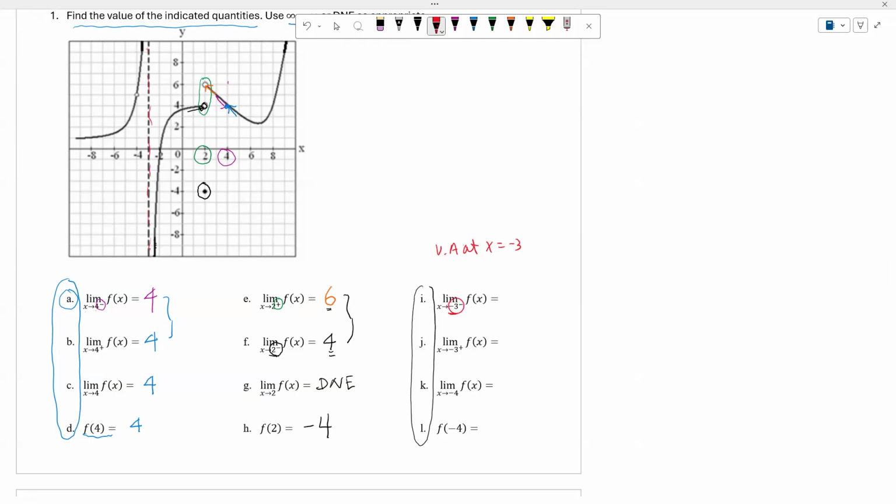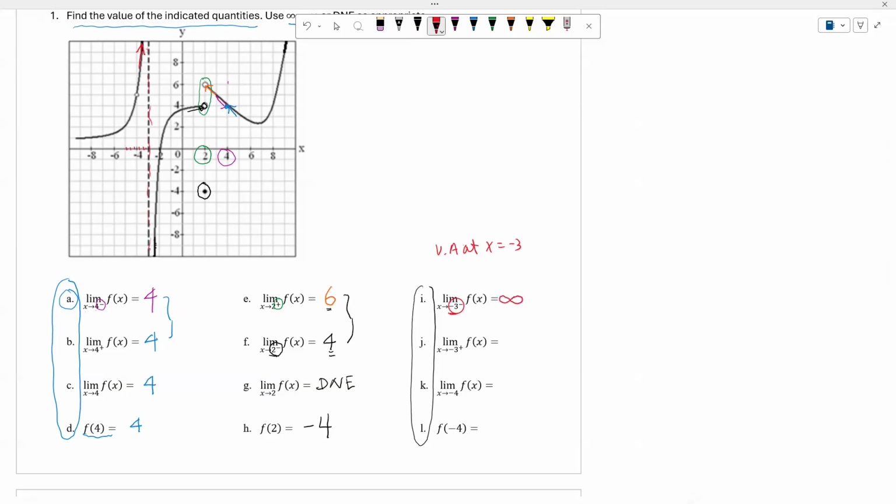Now x approaches -3 from the left. So in this case right here, it's getting closer and closer to -3 from the left-hand side. Then what happened? The output that I have is equal to infinity. The output is getting bigger and bigger.